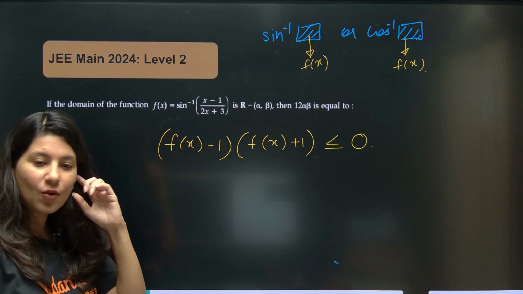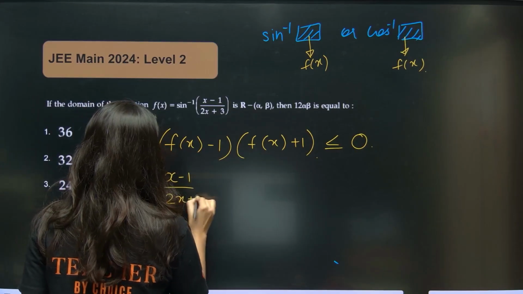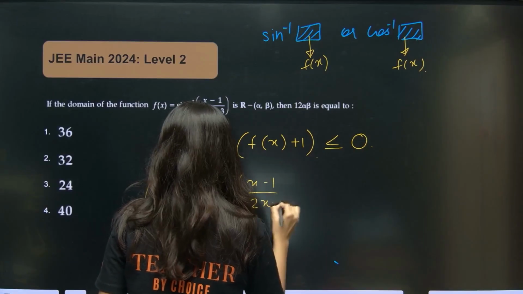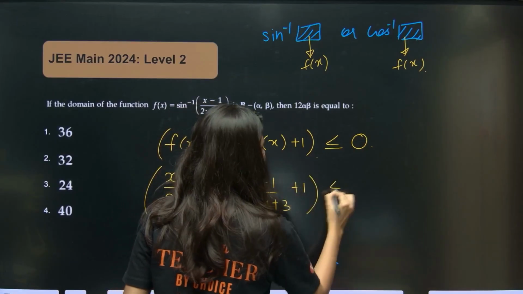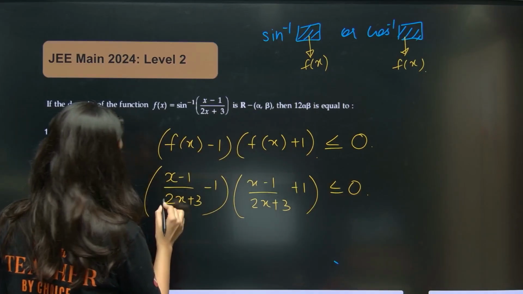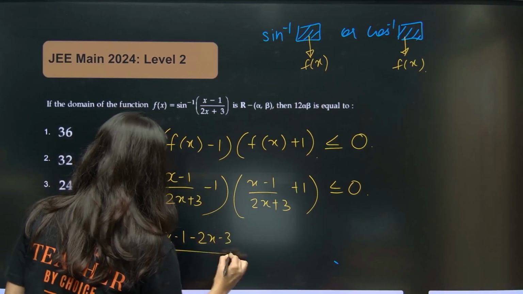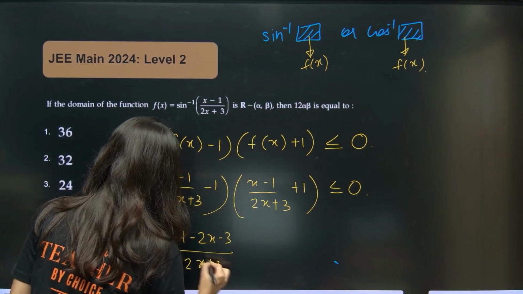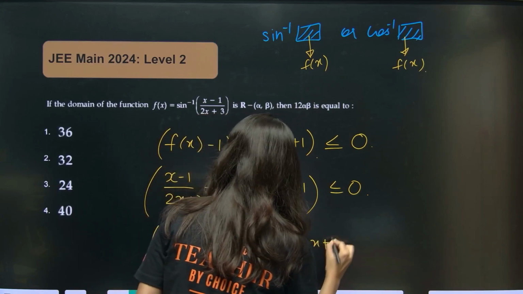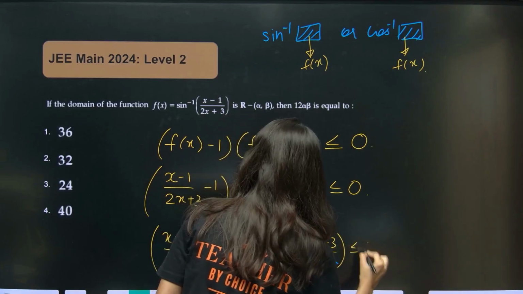So for that, (x minus 1 upon 2x plus 3 minus 1) times (x minus 1 upon 2x plus 3 plus 1) less than or equal to 0. Okay, so it is going to give you what? (x minus 1 minus 2x minus 3) upon (2x plus 3) and (x minus 1 plus 2x plus 3) upon (2x plus 3) less than or equal to 0.